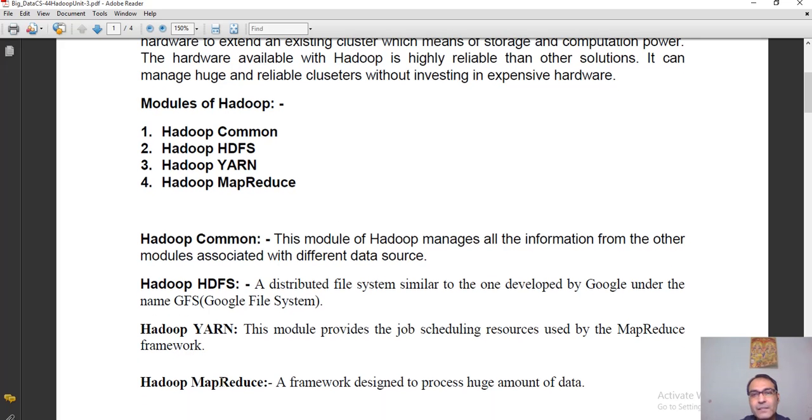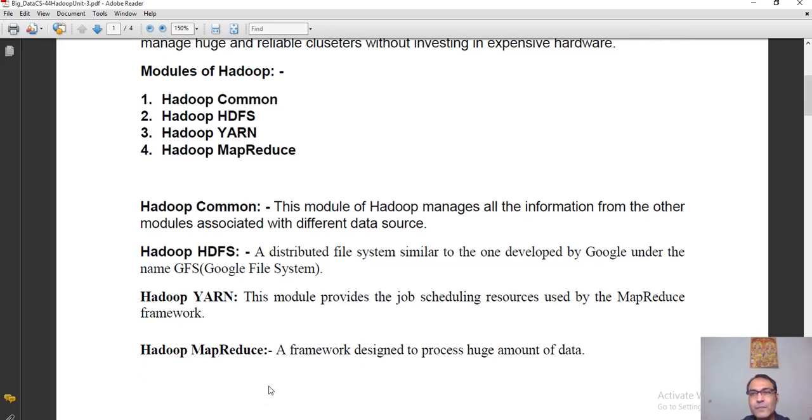Hadoop YARN, this module is especially used for job scheduling, where at the time of data analysis for a big data source, this module of Hadoop manages the job scheduling through various types of algorithms, which may be statistical or mathematical, to analyze the data.